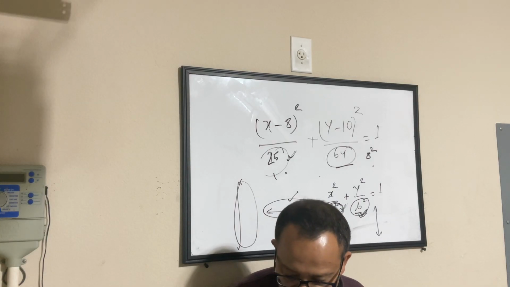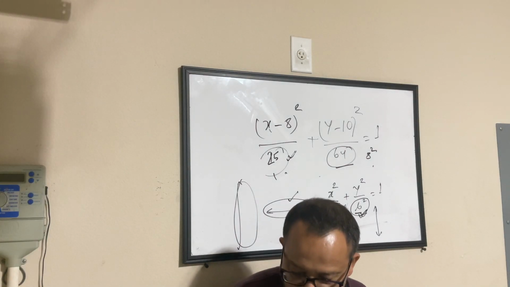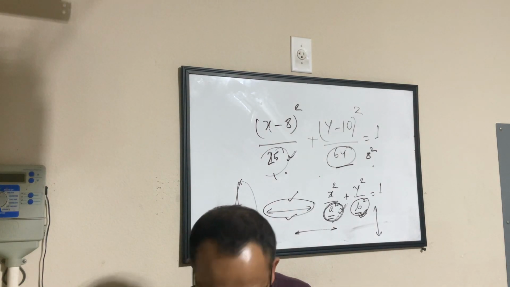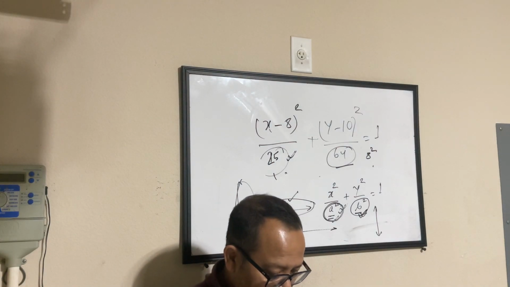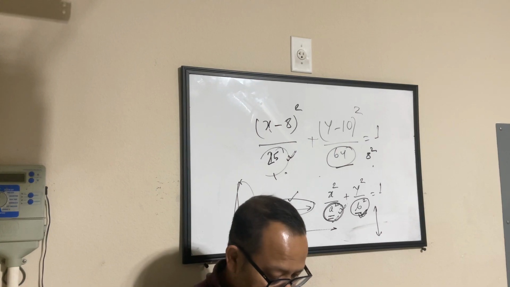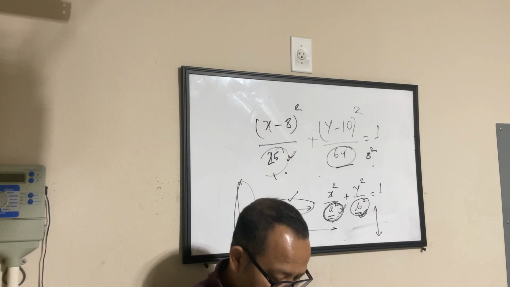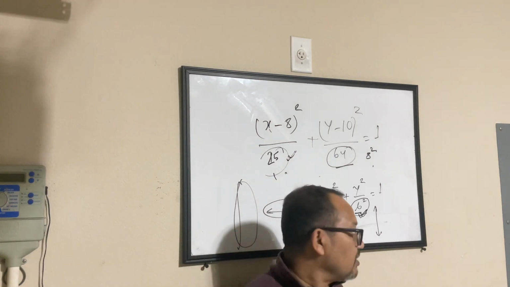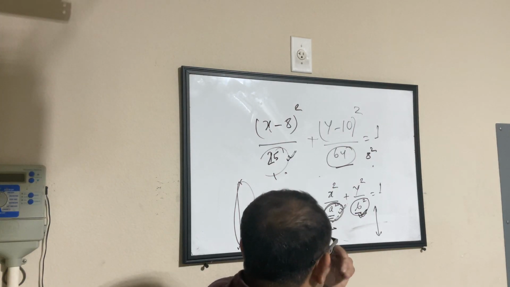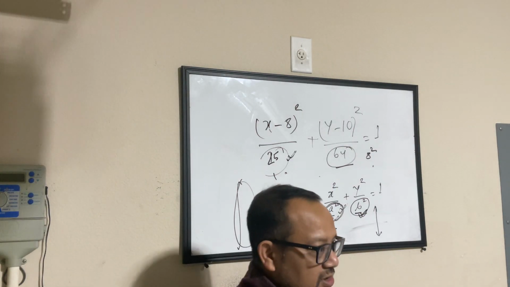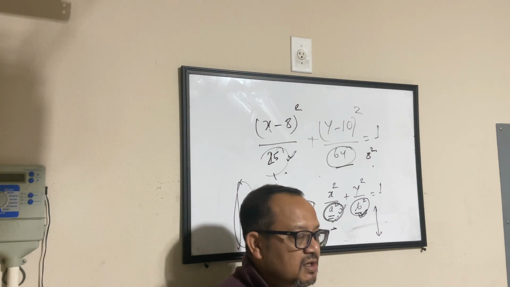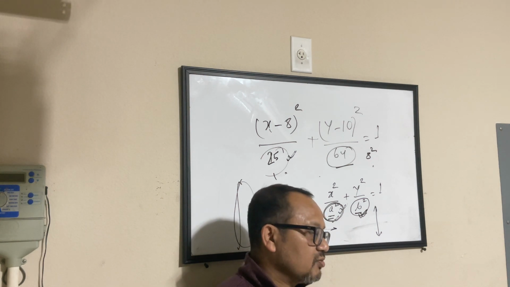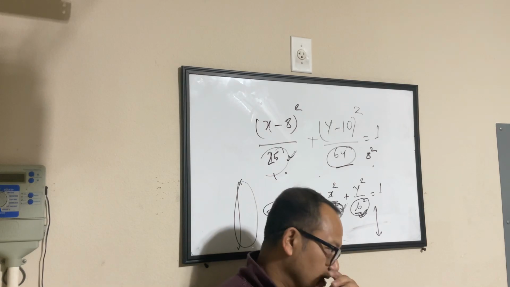Now let's look at some more things. I'm just trying to recall what all I told. We talked about what a conic section is, the introduction part of it. That is where we talked about what a circle is, what an ellipse is, what a parabola is, what a hyperbola is, and obviously we'll learn about all those.